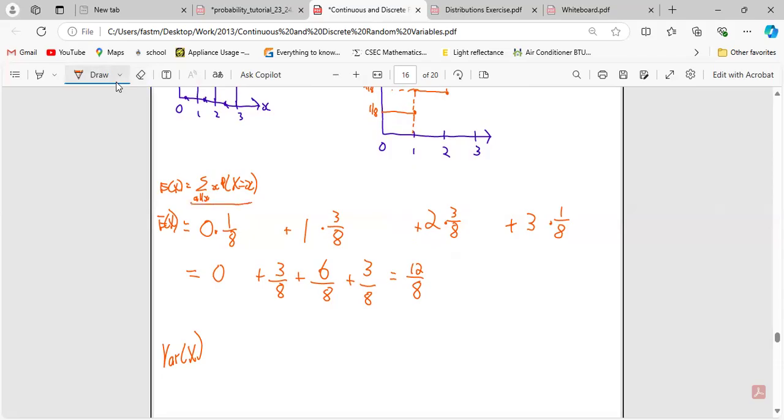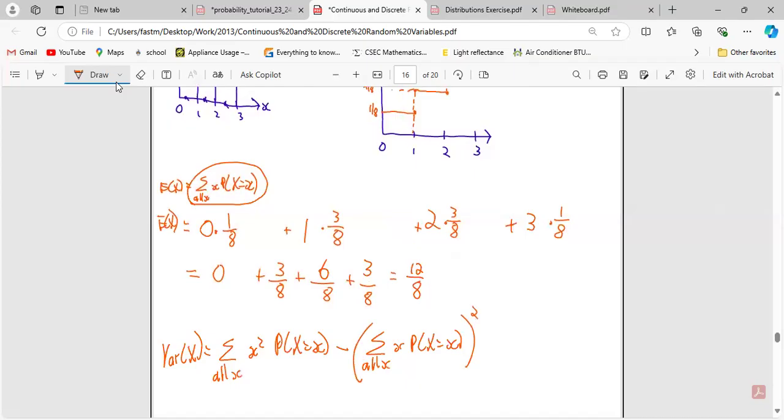Because with respect to the equation, that is what I'm supposed to do. What we're supposed to do then is take the sum for all x of x squared times the probability that X is equal to x, and subtract the sum for all x of x, which is the expectation, all squared. So what I did before was what I was supposed to do for this piece here.